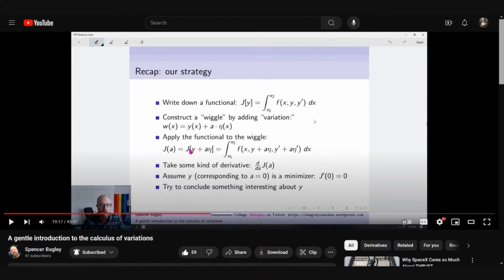But he's saying y and eta are held constant, as far as any J is concerned. Something like that. So J of a is equal to the function, he never said this, of x, of y plus a eta, which is w, and w prime.